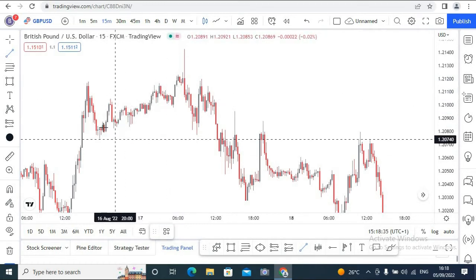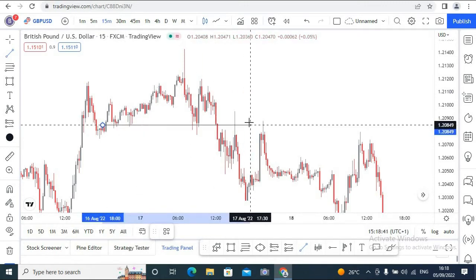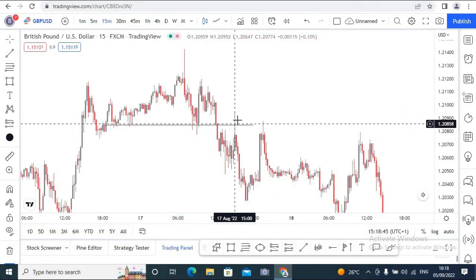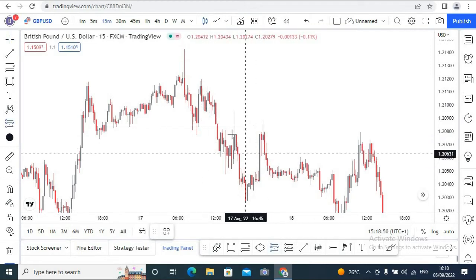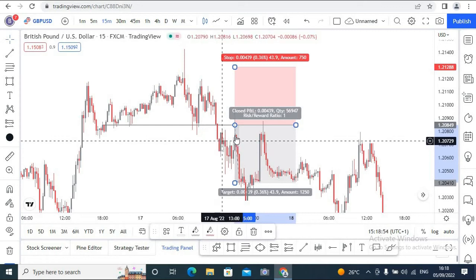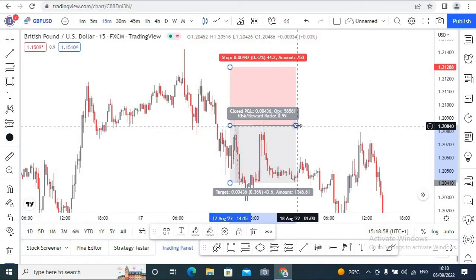The next thing you are going to look for, you are going to highlight your higher low, which is this one, something like this. And then once you identify your higher low, you are going to use that same area. Once it's been taken out like this, you're going to use it looking for short, right? You're going to use it looking for short.